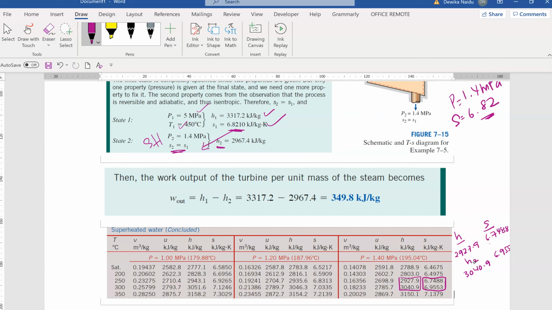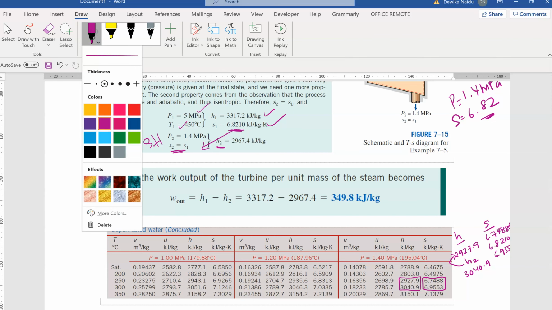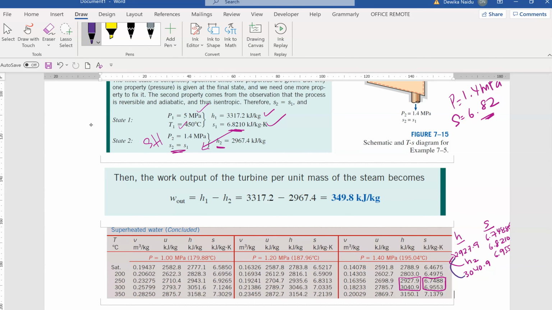And what we want is 6.8210. So how do you interpolate? This minus this, divided by the whole thing minus, so divided by this one minus this one. With that you can actually find the H2 value. It's a bit of working here.